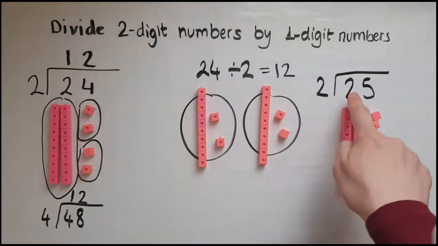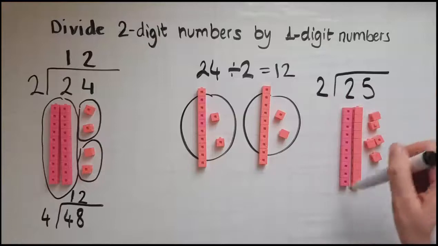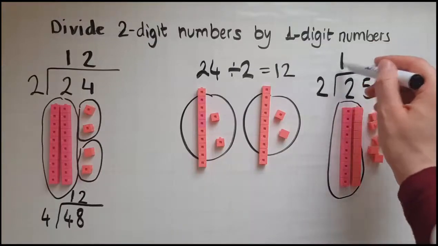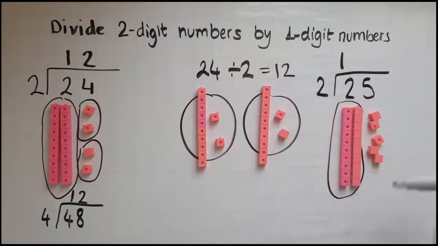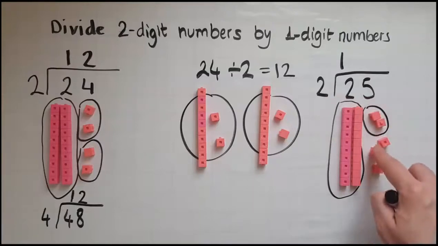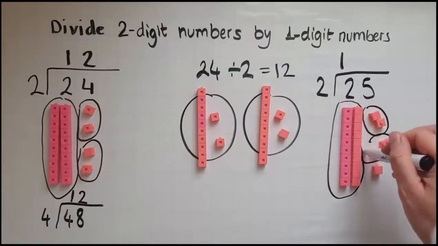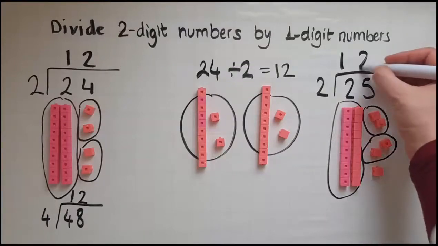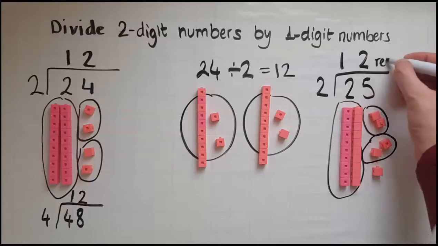How many sets of 2 can I make with these 2? There's just 1, and there is nothing remaining. Now how many sets of 2 can I make with a 5? I can make one here and another one here, and there is 1 left. So I've got 2 sets and there is 1 remaining.